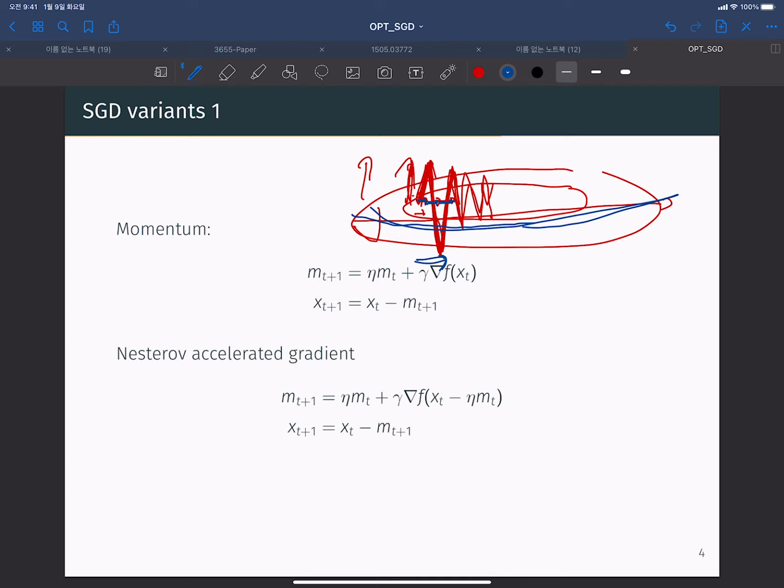So from the momentum method, what you can expect is that you can slow down the movement toward the very steep direction, and you can boost up the movement toward the very slowly varying direction. Okay, so you can expect this momentum type of method can speed up the convergence to the local optima.